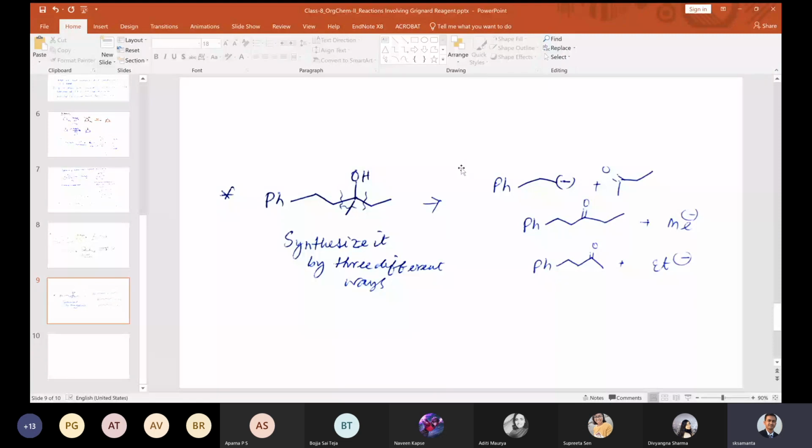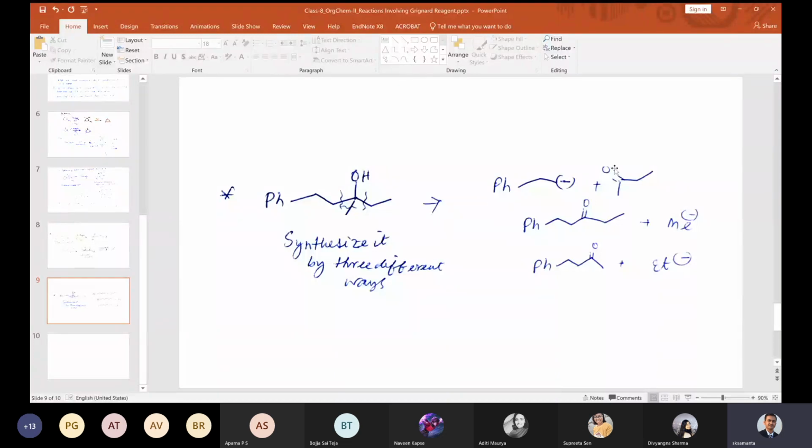First you go back to find the starting material, and then you show the forward reaction taking the starting material. So if I have given this molecule in your exam, how can you synthesize it? Let's say the question is: synthesize this molecule by three different ways. Then you do the disconnection approach. This is a double-bar arrow, which is basically your backward direction.